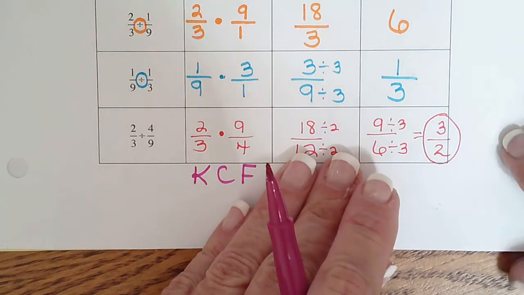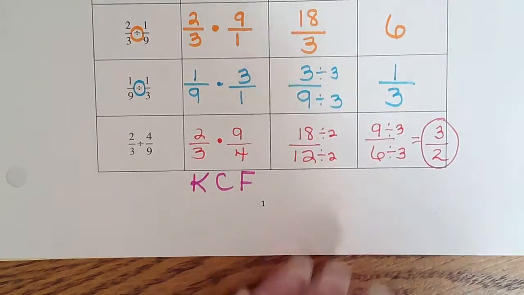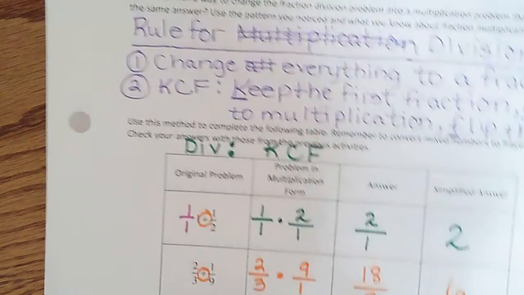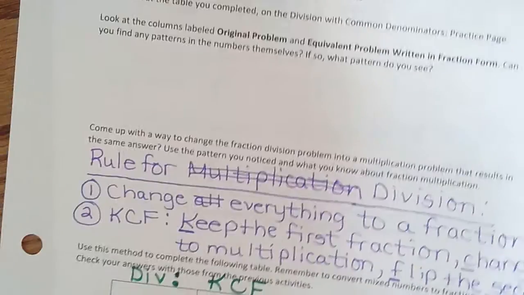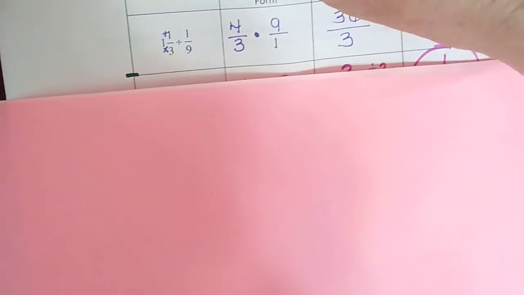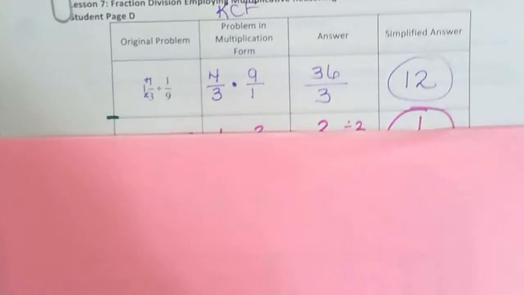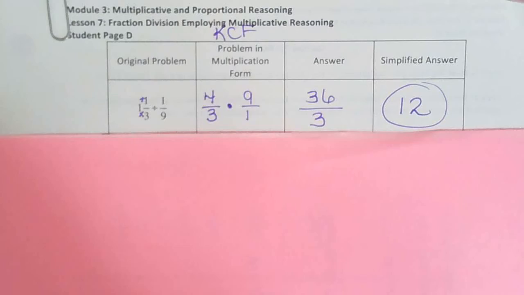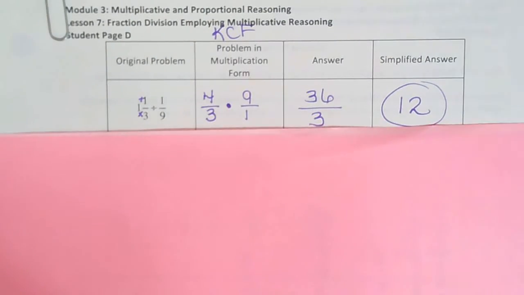Now we're going to work on some that aren't as easy because they'll be mixed numbers and we have to change them first. So let's go ahead and look at the first one. Let me lower it down. Okay, so this is just a continuation of those same problems we did earlier.